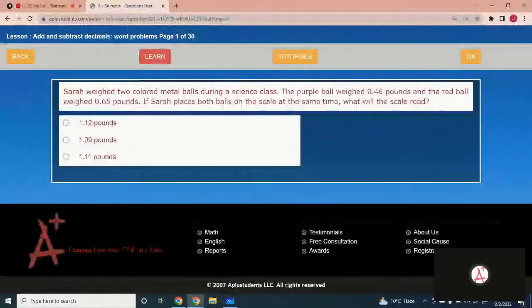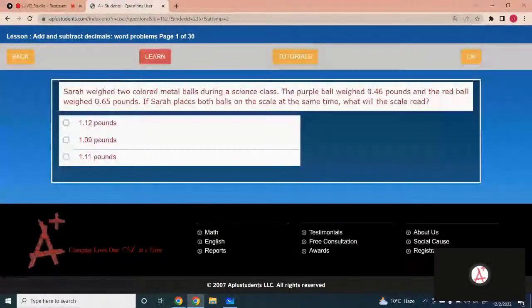Okay. Sarah weighed two colored metal balls during a science class. The purple ball weighed 0.46 pounds and the red ball weighed 0.65 pounds. If Sarah places both balls on the scale at the same time, what will the scale read? So you have to find the weight collectively for both things.